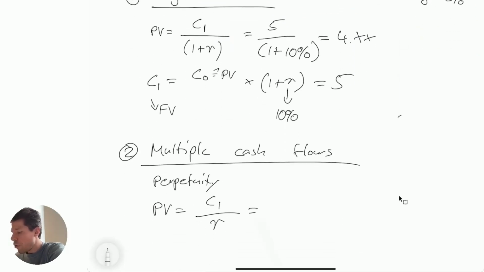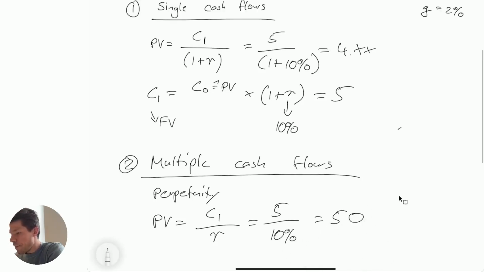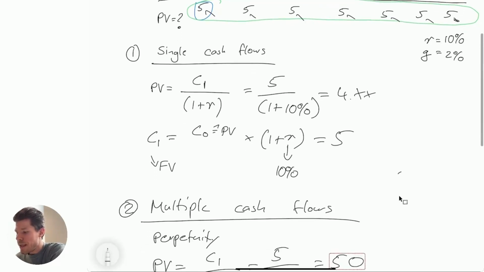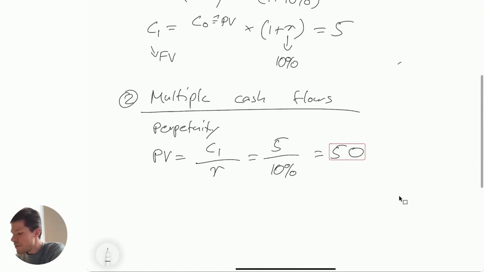Then we can use a formula. If we have 5 and 10%, we get 50. As you may know, the more we go in the future, the less valuable this amount is in today's value terms.